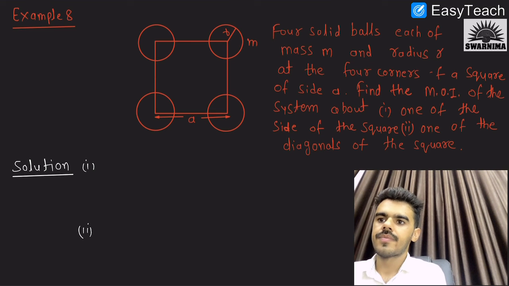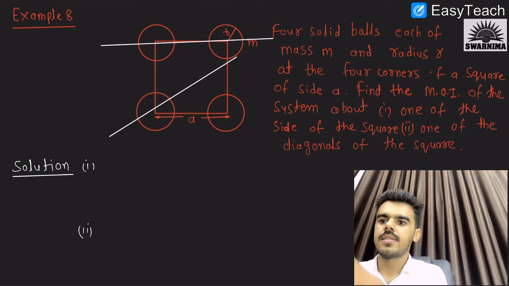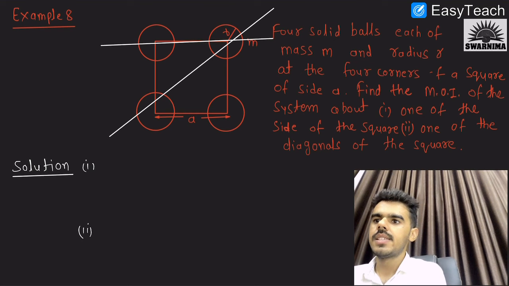So the first axis is this, and the second axis is the axis which is passing through the diagonal.